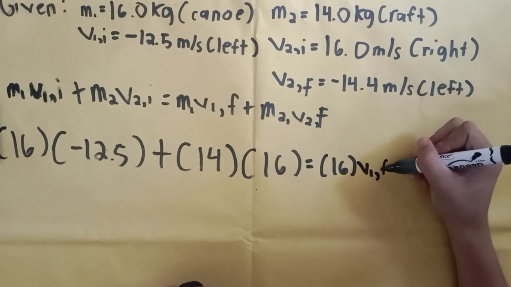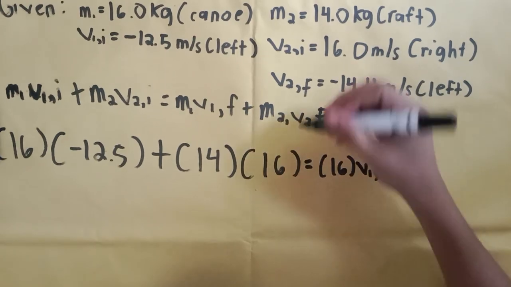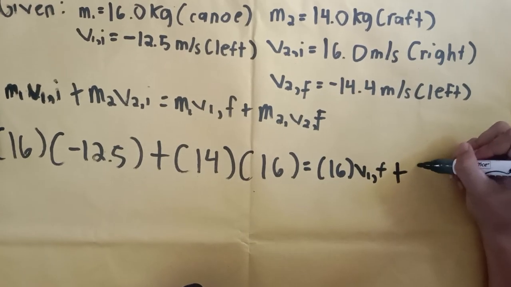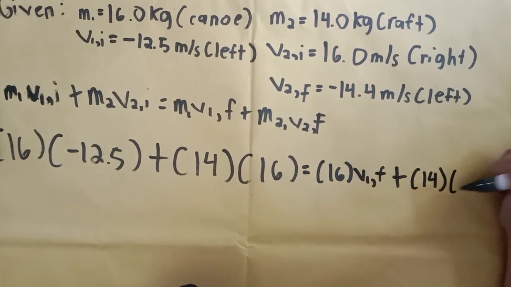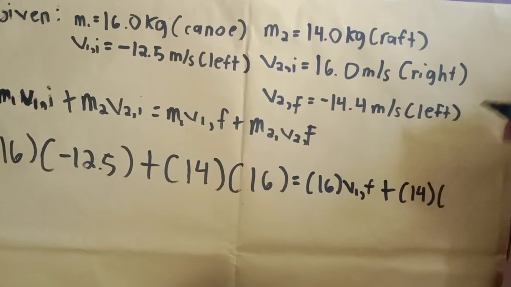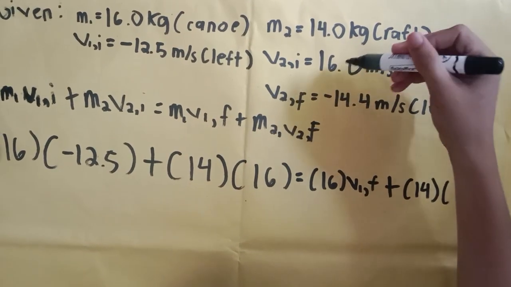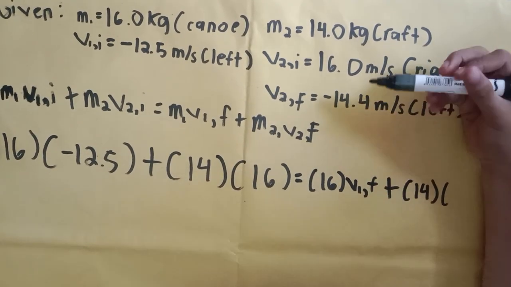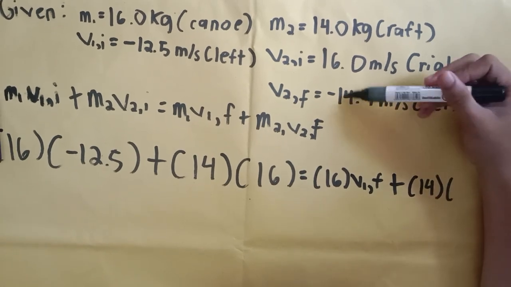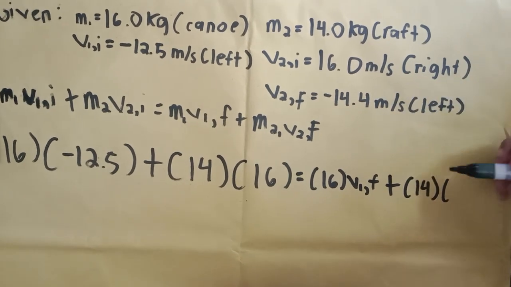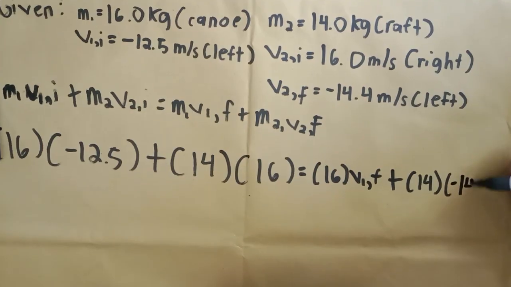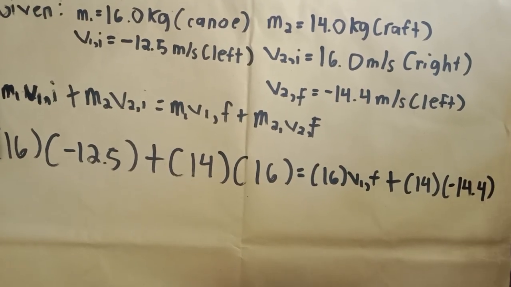Plus m2, 14 kilogram, and the final velocity of the raft is given, negative 14.4, so copy it.